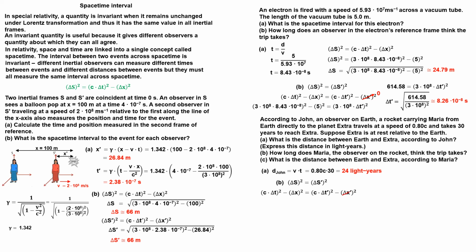The spatial distance she measures between the events is zero. Although the spatial distance Maria measures between the events is zero, Maria sees Earth and Zeta passing her traveling at 0.8 times c and separated by 18 years. Thus, the distance is 14.4 light years.